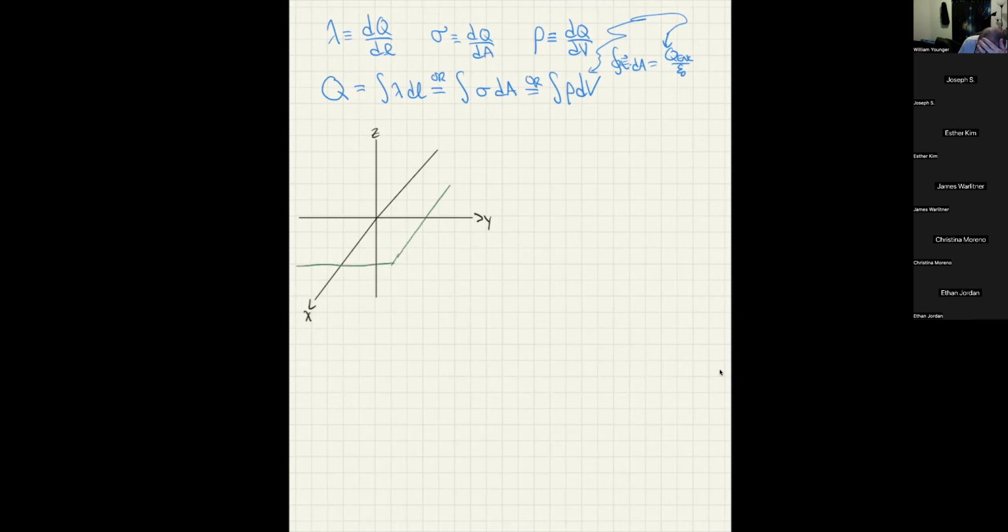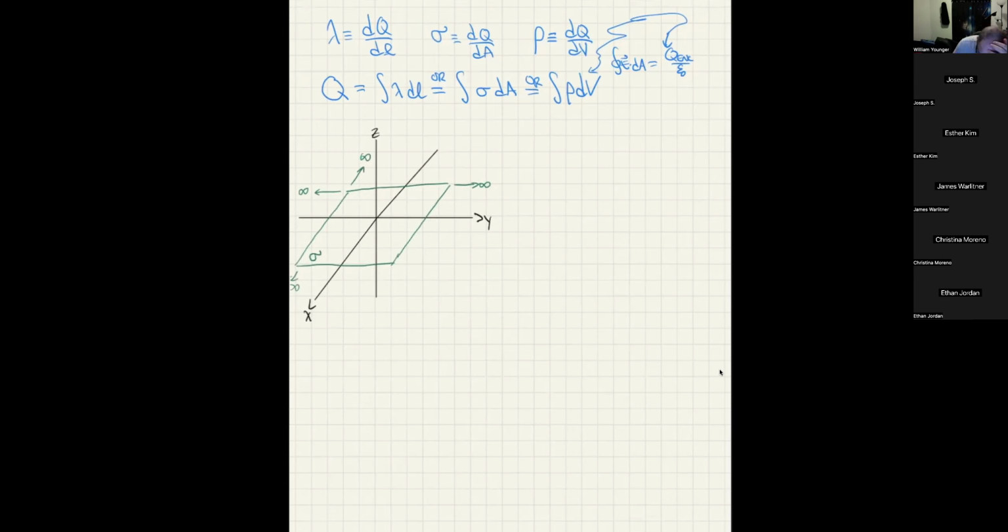And in fact, it's an infinite plane. I'm very specifically trying to draw just a small part of it, but I want to remind you that it goes on for infinity that way and that way, and that way and that way. Okay. And I want to remind you that it has a uniform charge density sigma.